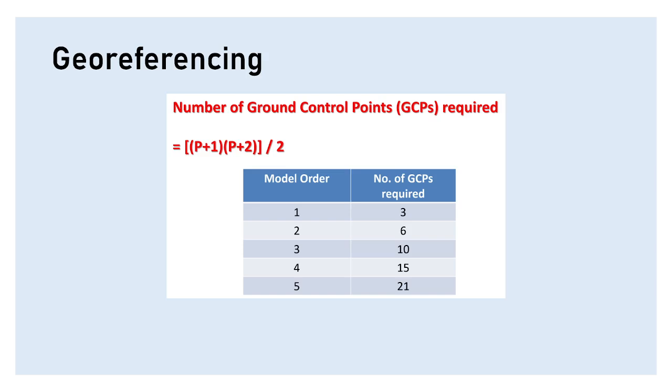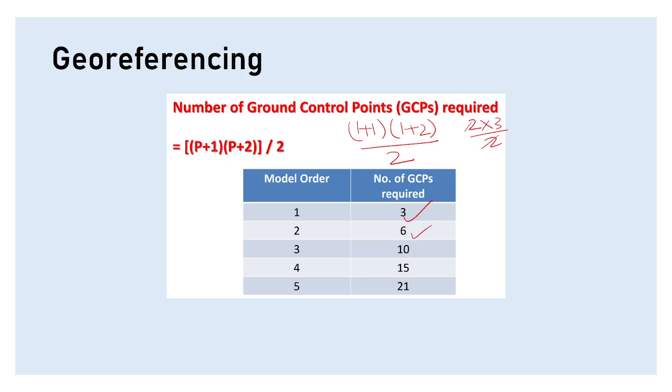The number of ground control points required is determined using this formula: (p plus 1) into (p plus 2) by 2. The order is basically the order of the polynomial you are trying to determine. For example, if it is a first order polynomial, then the number of GCPs required is 3. If you put 1 in this equation, 1 plus 1 into 1 plus 2 by 2, this is 2 into 3 by 2, so this is 3.